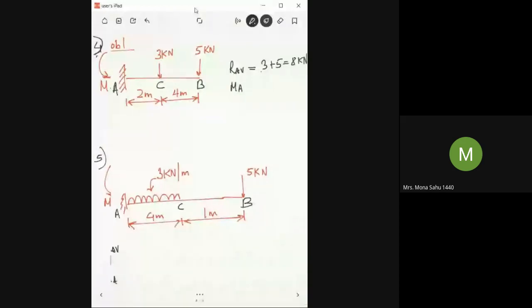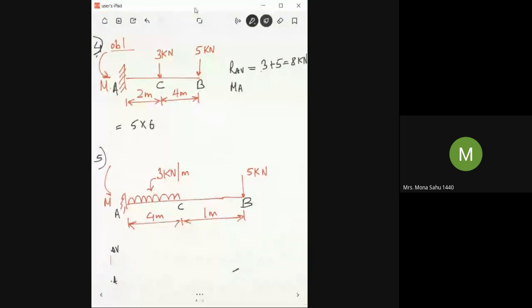Okay. For MA, you need to consider the first. Let's go from B to A. Okay. So 5 multiplied by 4 plus 2, sorry, 6.